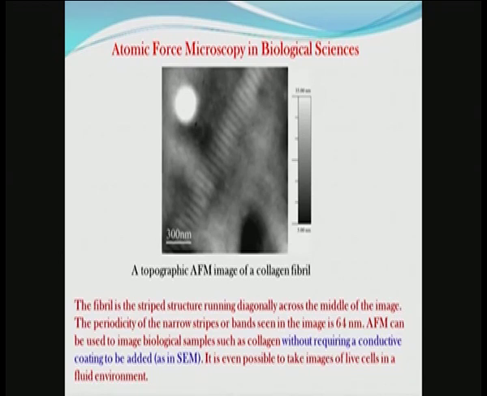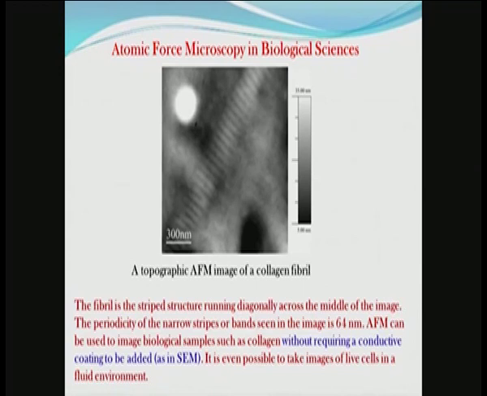Therefore, a conductive metallic layer has to be deposited on biological samples when they are examined by SEM. The great advantage of atomic force microscopy is that no such conductive layer needs to be deposited on a biological sample to be examined by AFM.